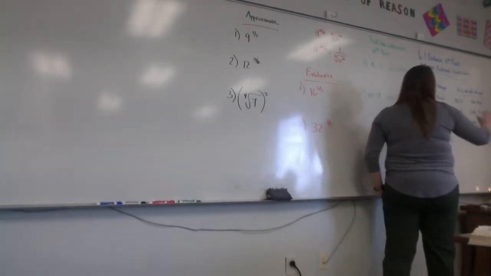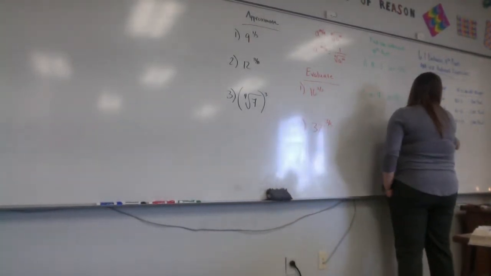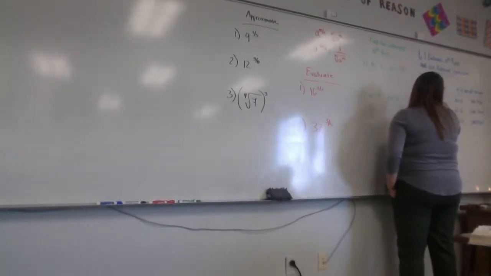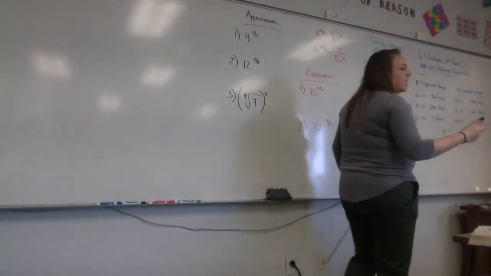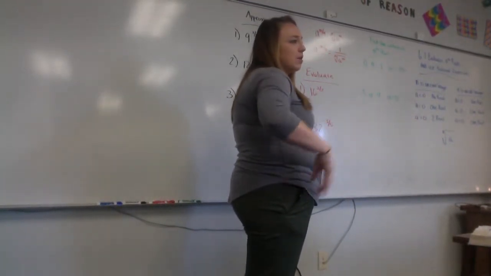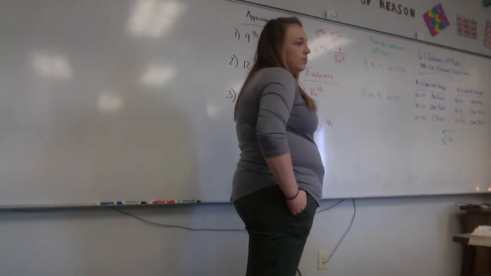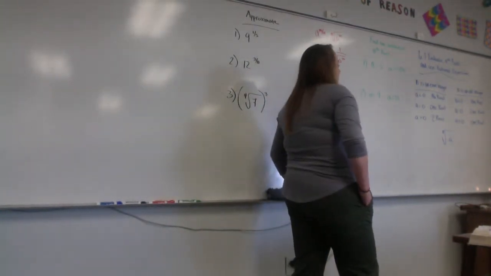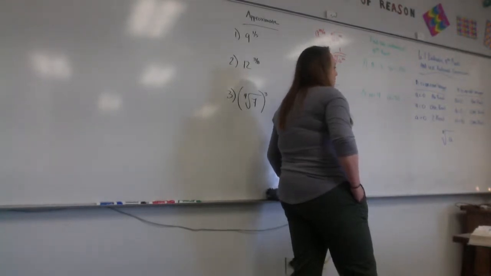If n is an even integer and a, what's on the inside, is less than 0, there are no real solutions because I would have a negative inside a radical. When I'm taking an even root, I cannot have a negative inside of my radical, okay?